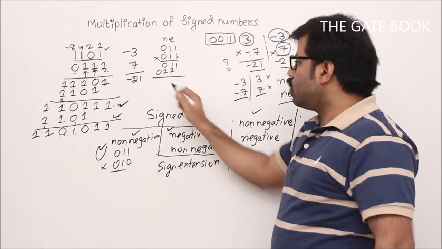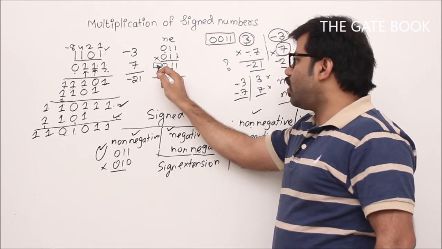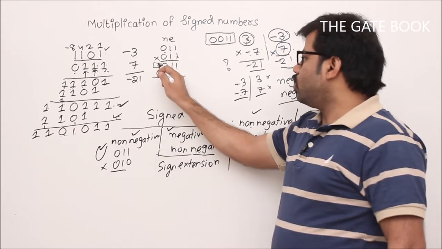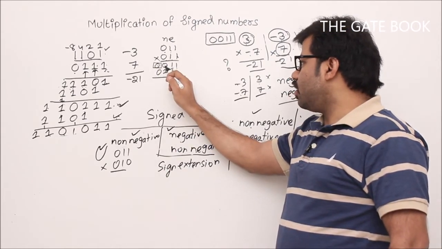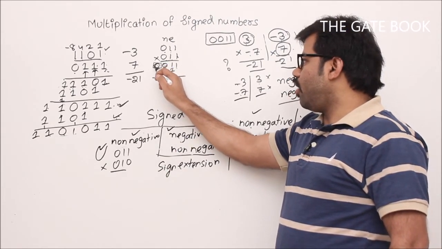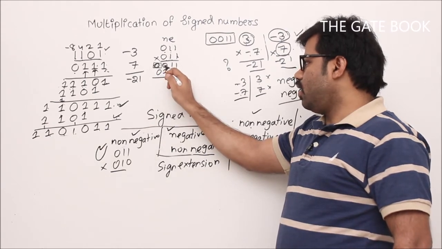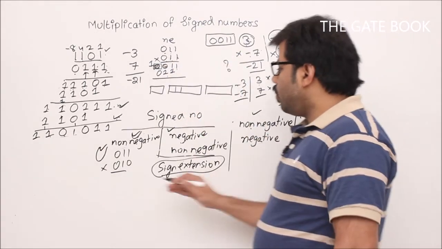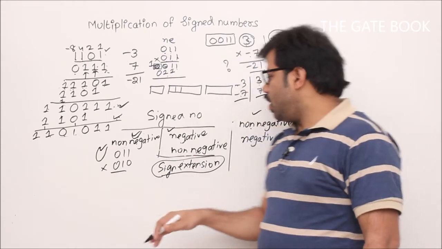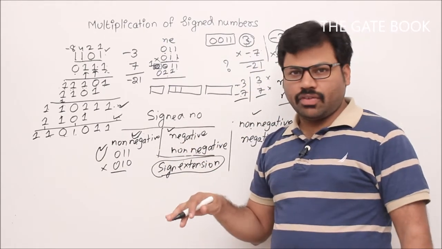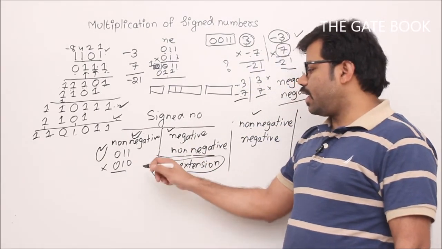Do you remember? This place is to be assumed what, 1 or 0? 0. So it depends on the remaining bit. If this bit is 0, we have to add 0. If this bit is 1, we have to add 1. So the positive, non-negative case can be covered, only because of this sign extension.